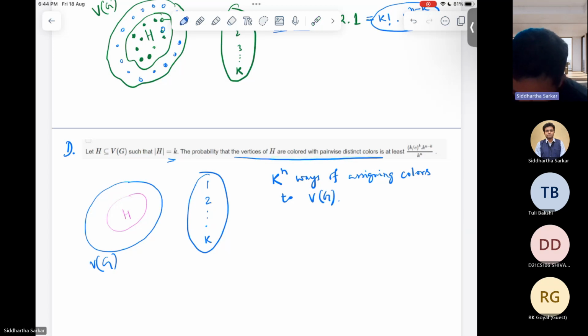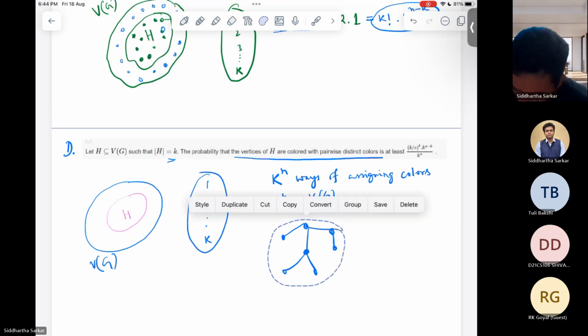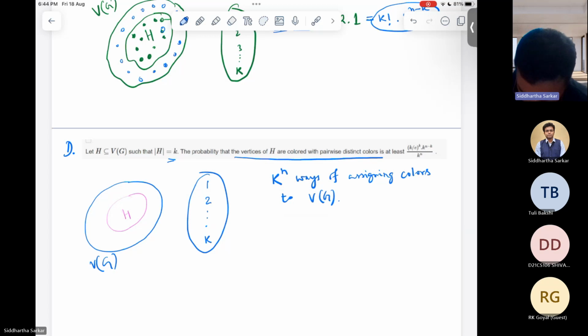So what does that mean? So let us say this is H. In fact, we need not worry about the edges. So let us just draw the vertices that are in H inside here. So you want these vertices which are inside H to get distinct colors. Pairwise distinct means all the colors are distinct, right?